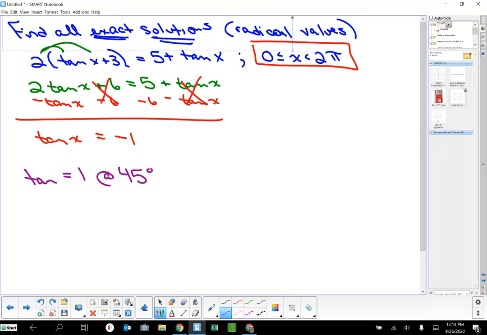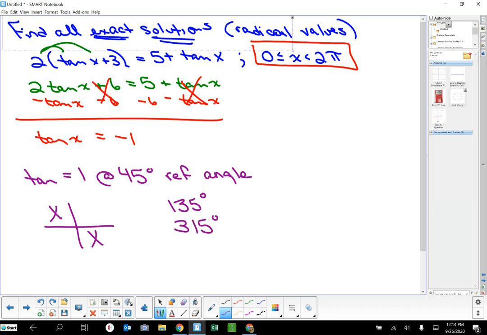And tangent is negative in these two quadrants. 45 is a reference angle, which means we're looking for 135 degrees and 315 degrees. Those are the two angles that would be in quadrants 2 and 4 because that's where tangent's negative.